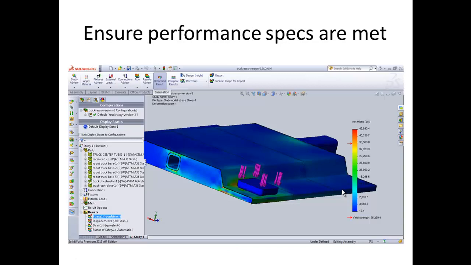For example, here's the truck plate for the robot lift. This shows a stress analysis where we've put a fictitious load out at the very end of the robot lift. This is a simulated 700-pound load in this area, and we're looking from the SolidWorks analysis at what the response of the truck is going to be.